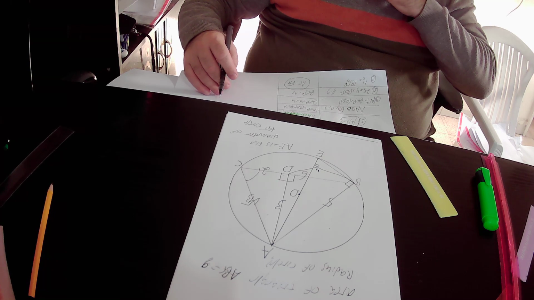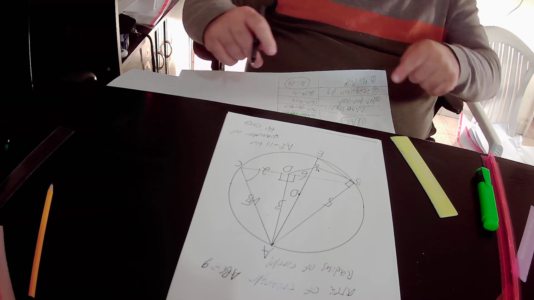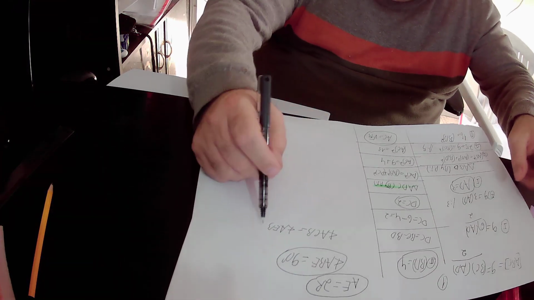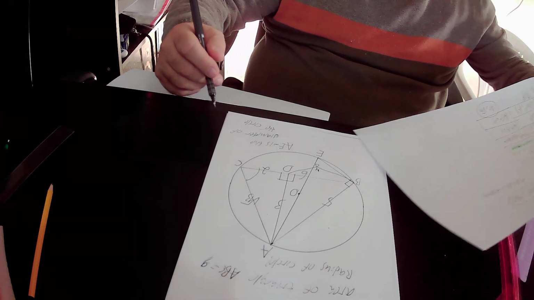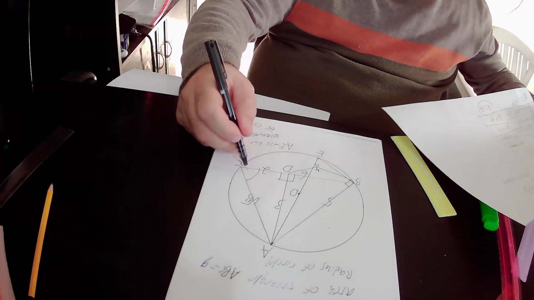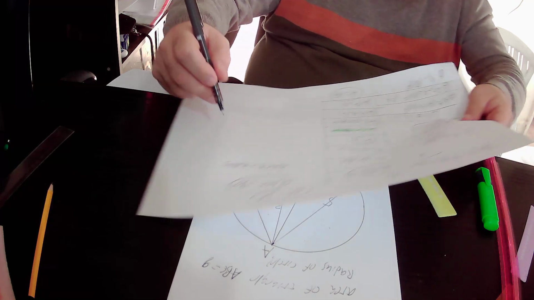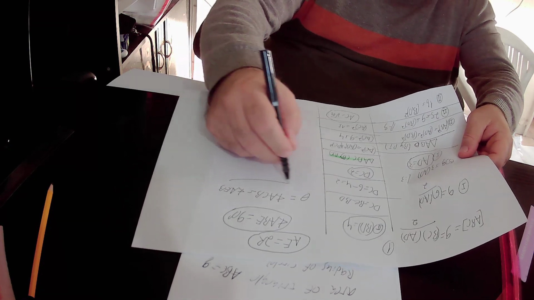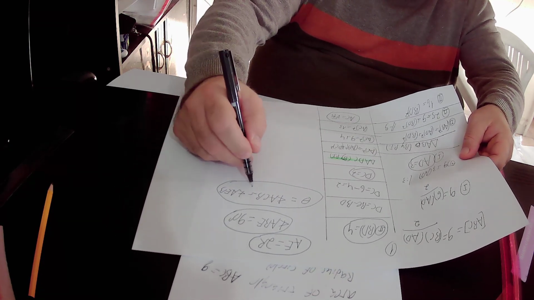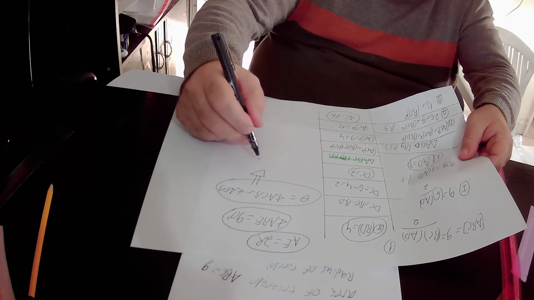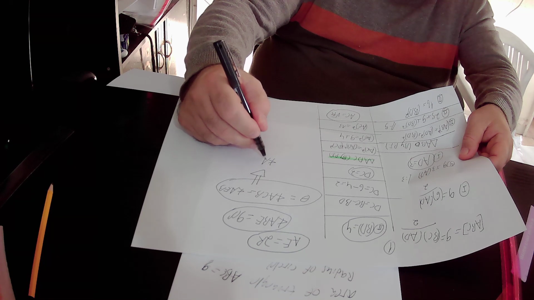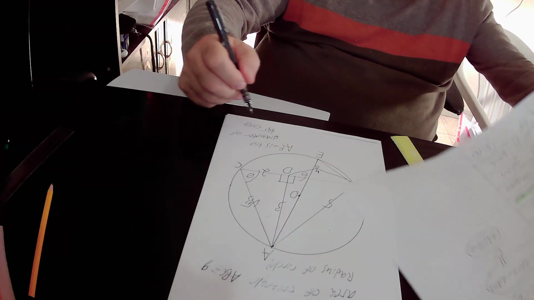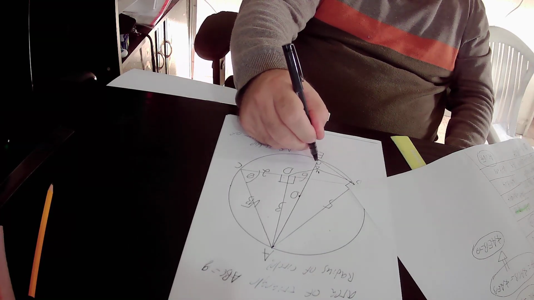So those two angles are equal to each other. If we define angle ACB as theta, then from this equation we derive that angle AEB is also equal to theta. Angle AEB equals theta.